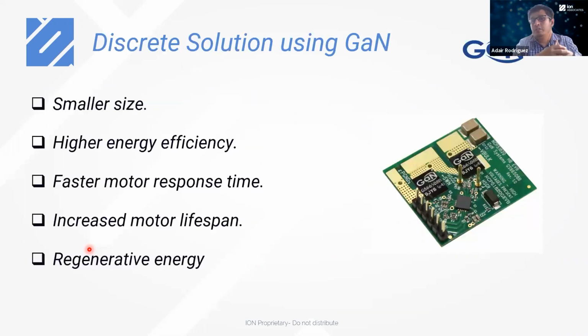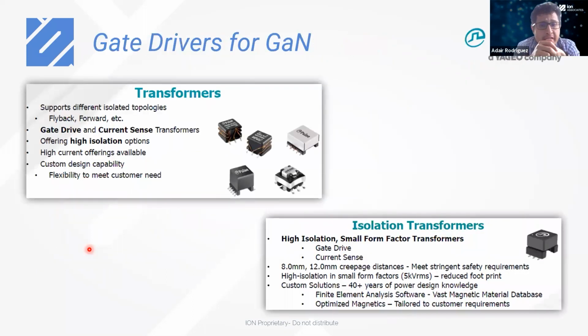GaN technology can also be implemented in motor control for higher efficiency and faster control of the unit, and of course we should not forget about the drivers for this specific technology.